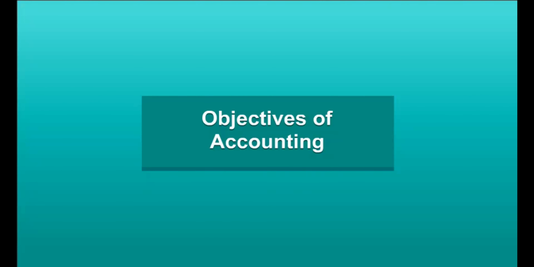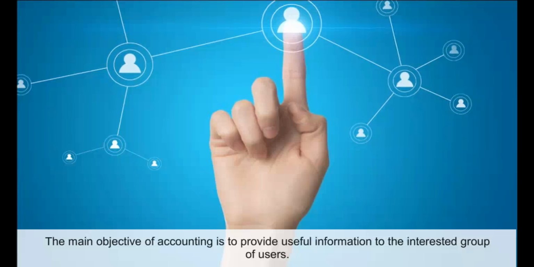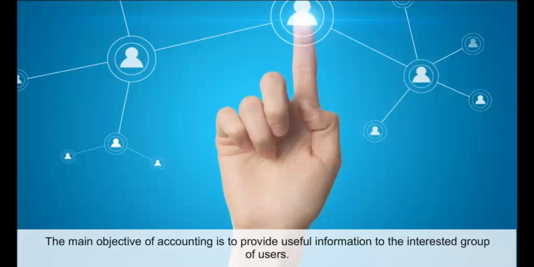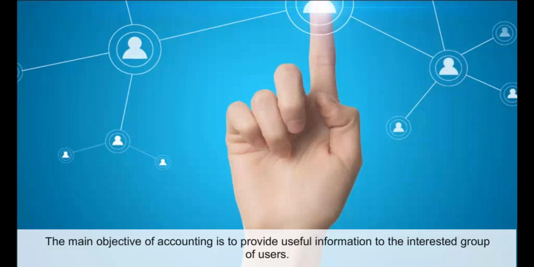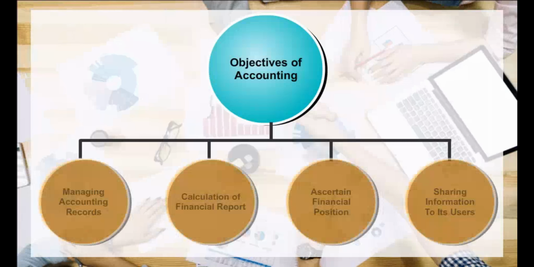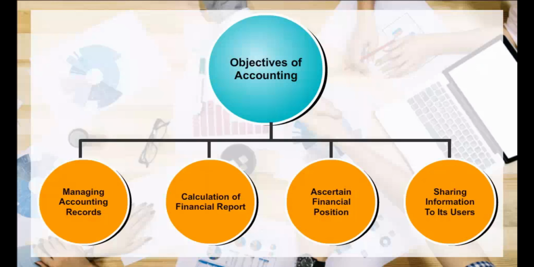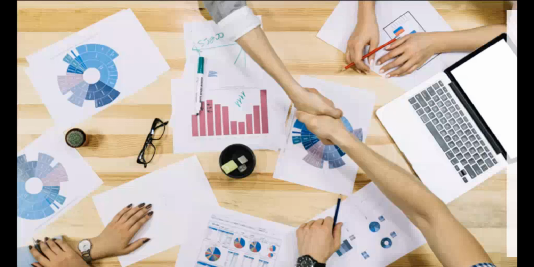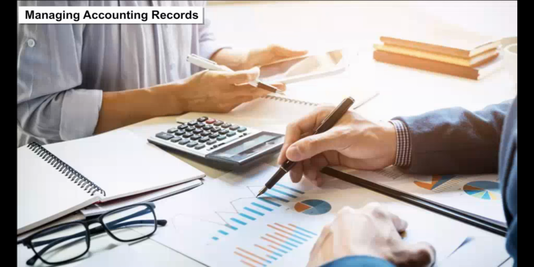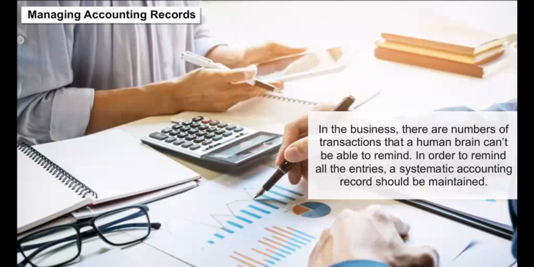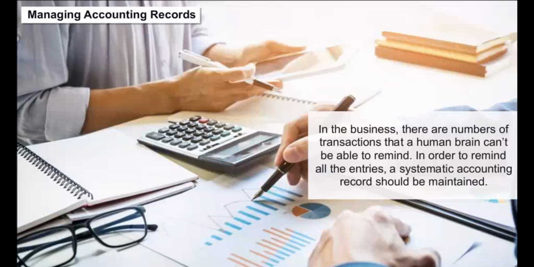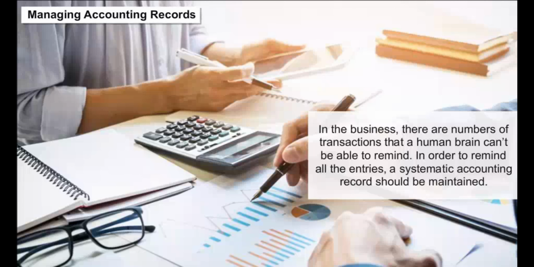Objectives of accounting. The main objective of accounting is to provide useful information to the interested group of users. Accounting objectives are classified into different sections. Managing accounting records. In business, there are numbers of transactions that a human brain cannot remember.